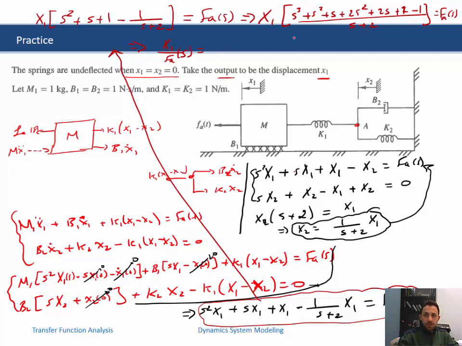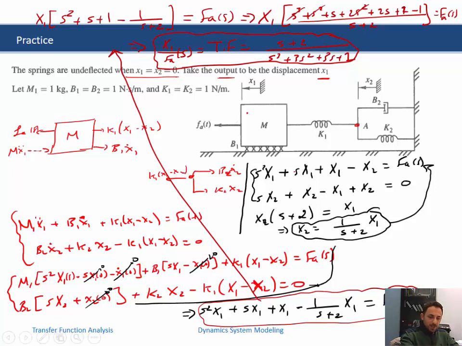Then x1 over f of a, which is the transfer function, is equal to s plus 2 over s cubed plus 3s squared plus 3s plus 2 minus 1 plus 1. Okay, so this is called a transfer function. So it is the output over the input.